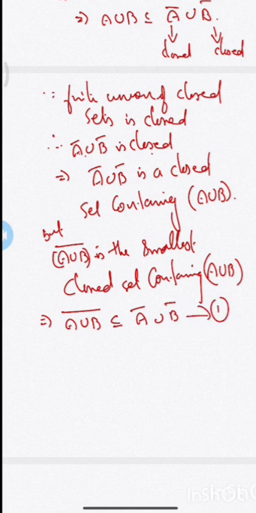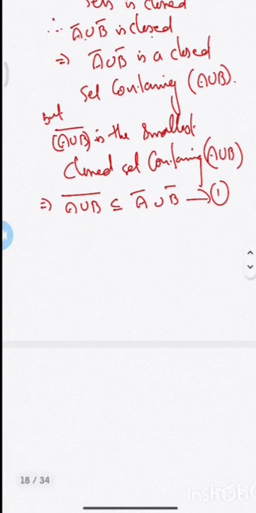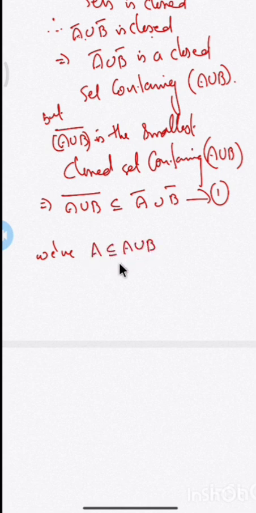Now for the reverse inclusion, consider this. A is contained in A union B is trivially true, and B is contained in A union B is true. Correct? So by the previous property, when A is contained in B, then its closure also satisfies the same implication.